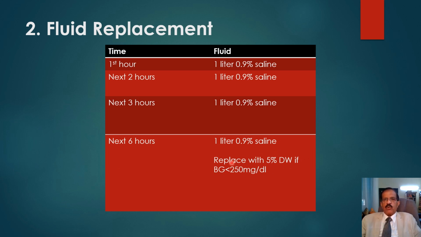Why is 5% dextrose needed? There are two reasons. One is that you do not want the patient to go into hypoglycemia. 250 is fairly high, but still these patients can go into hypoglycemia without any warning. So one reason for giving glucose at this level is to prevent any hypoglycemia.